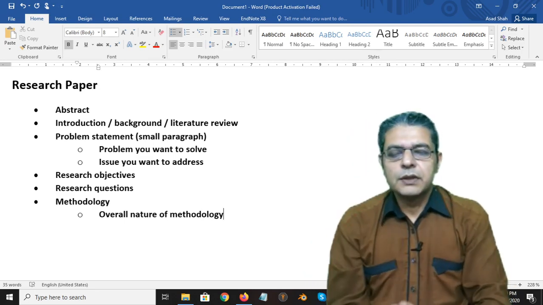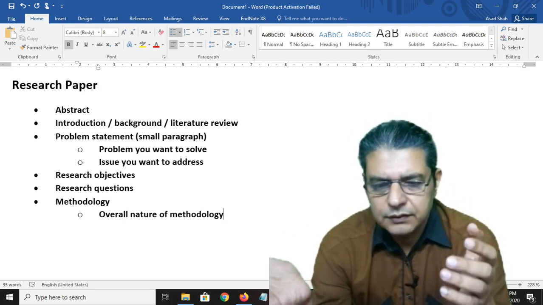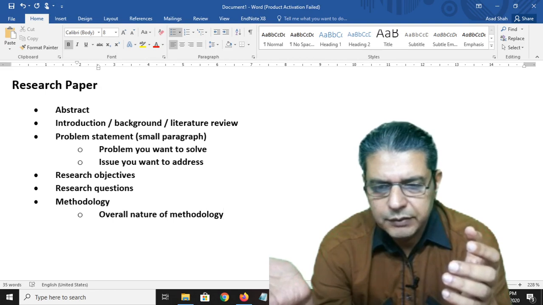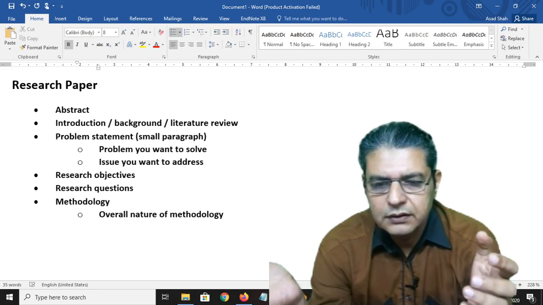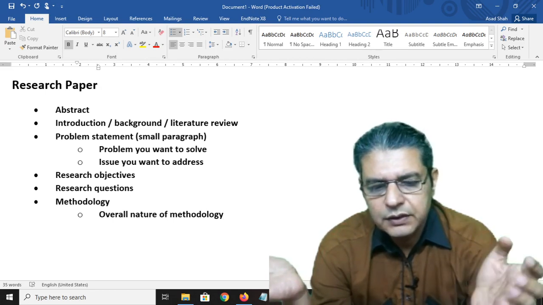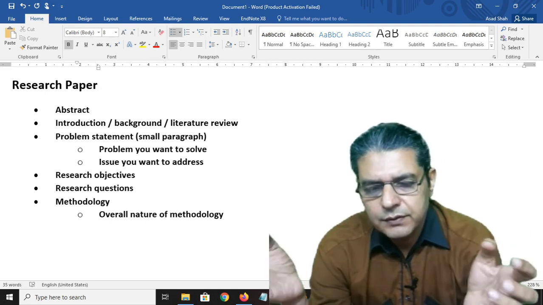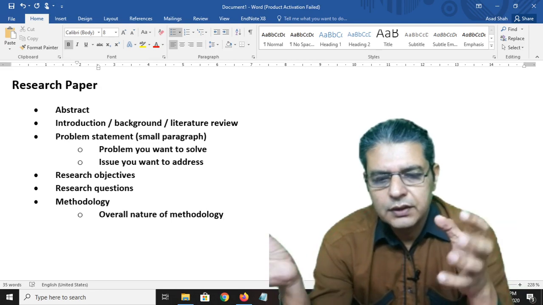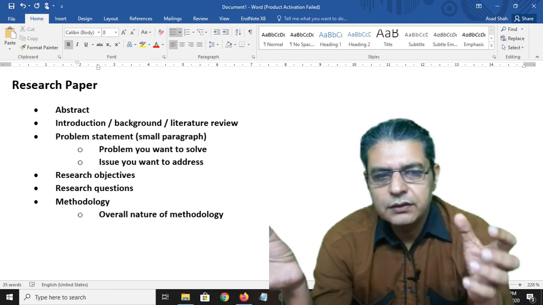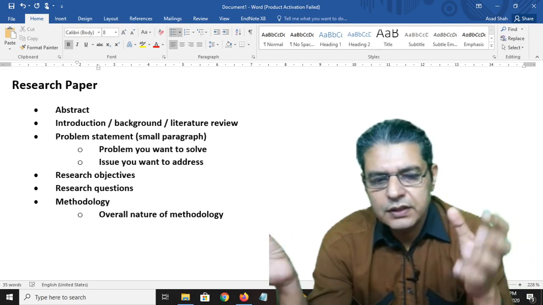For example, you can write this paper is a qualitative study, or maybe it's quantitative in nature. You know the difference between quantitative and qualitative. If you are dealing with numbers only, you can say it's quantitative in nature.